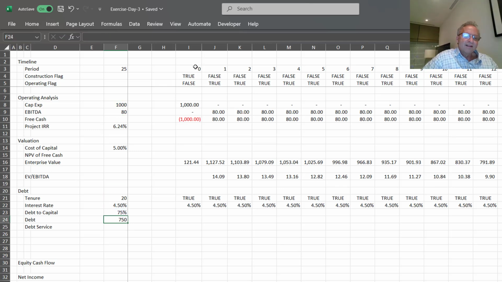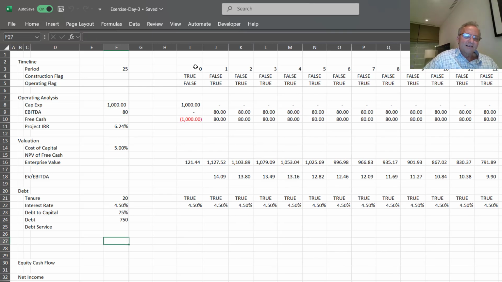And let's go and get our debt service, which is PMT of the interest rate, and the number of periods, and a minus on the debt. And we can just take that PMT.